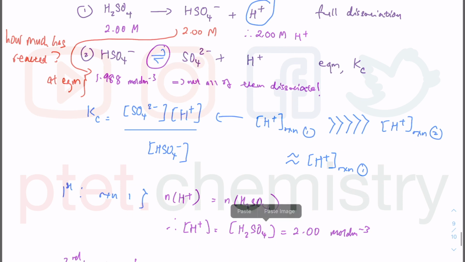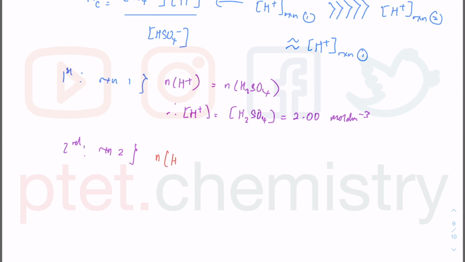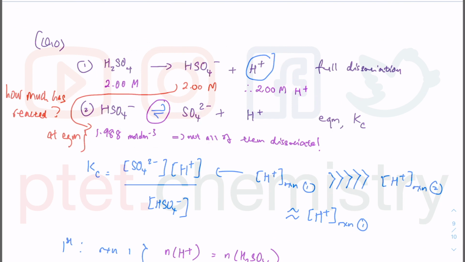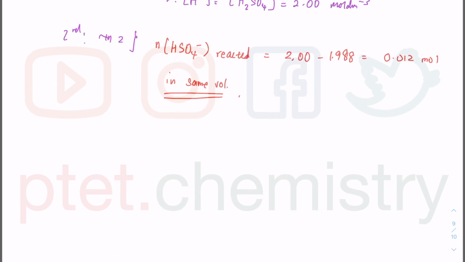So if I think about from 2 molar to 1.988, the mole of HSO4 minus reacted is going to be 2.00 minus 1.988, and that will give me 0.012 mole, and they are in the same volume. Remember, all of these dissociations are from the same total volume in the same solution. So the total volume is the same, therefore the concentration of HSO4 minus reacted is going to be 0.012 mole.